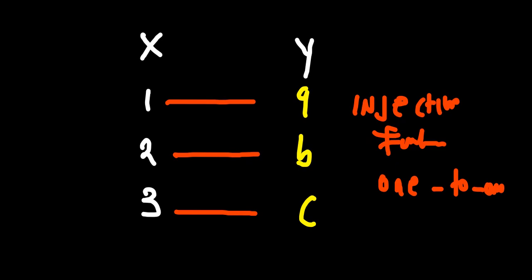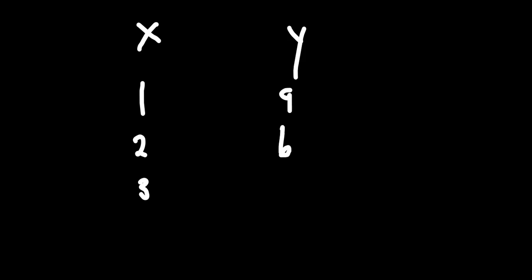Let's talk about another arrangement. Let's say the same analogy, you have x and you've got your y. Your x values are 1, 2 and 3, and here you've got a, b and c.